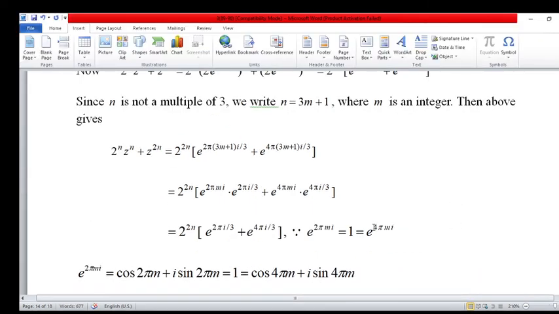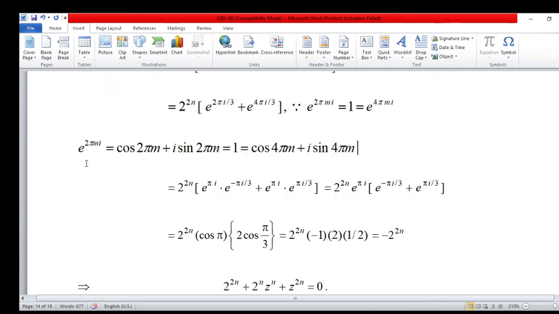So this is equal to 1. Explanation is given here. So this is equal to 1.